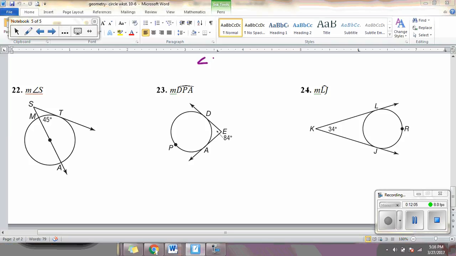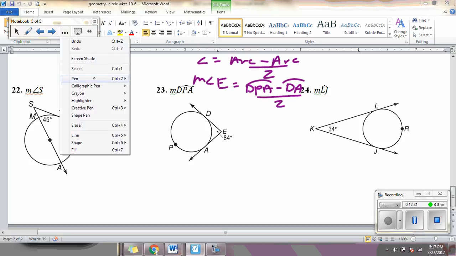Again, angle is equal to arc minus arc divided by 2. So the measure of angle E is equal to the measure of arc DPA, it's the bigger one, minus the measure of arc DA, the smaller one, divided by 2.